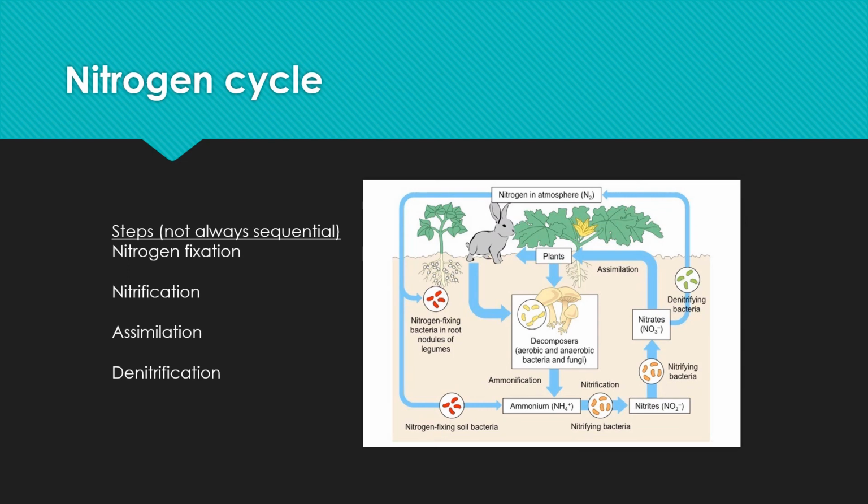Nitrogen cycle. So again, circulation of nitrogen. The majority of nitrogen is found in the atmosphere as a gas. Basically, there are steps, and it doesn't always go in order, but I just want you to know the steps, what they basically mean, and we're good.